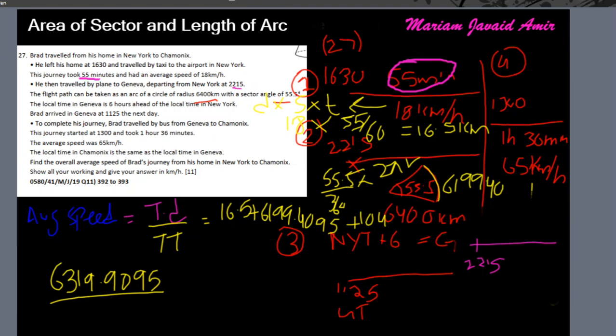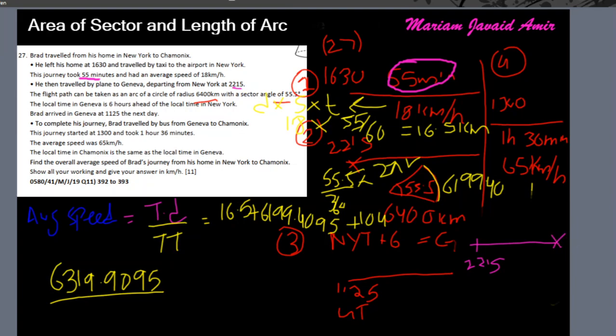He then traveled by plane to Geneva, departing from New York at 22:15. The flight path can be taken as an arc of a circle with radius 6400 with a sector 55.5. The local time in Geneva is 6 hours ahead of the local time in New York. Brad arrives in Geneva at 11:25.